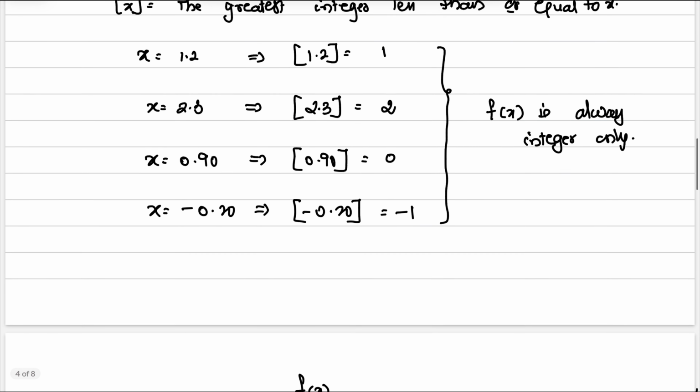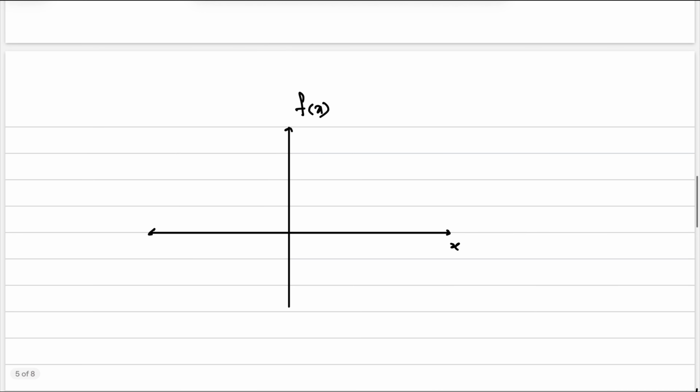That means we'll draw the graph like this. These are all very useful graphs. Please give attention to them. This is function x. Y is equal to function x. Don't worry, in the y axis we have written function x. This is the x value.